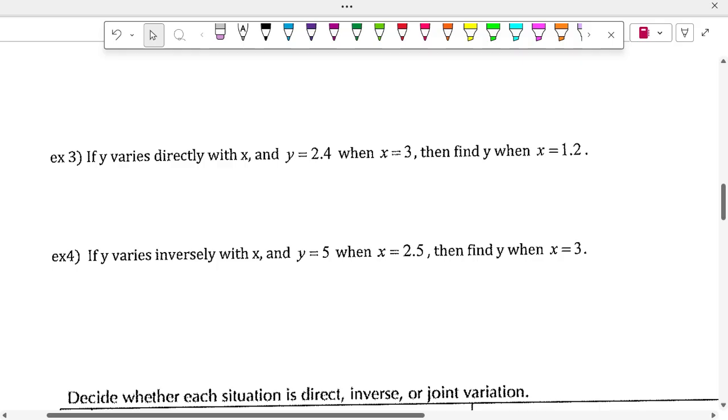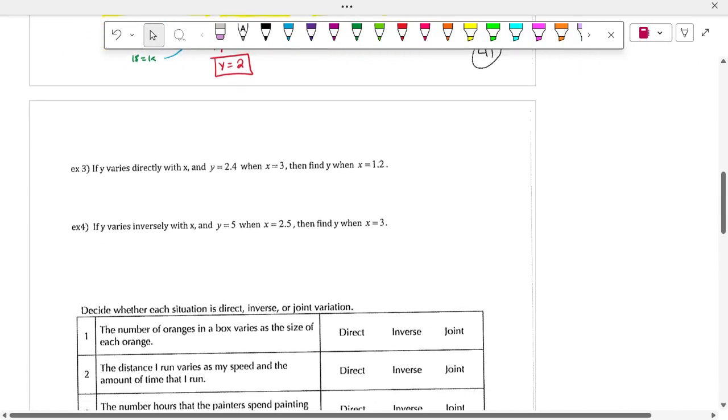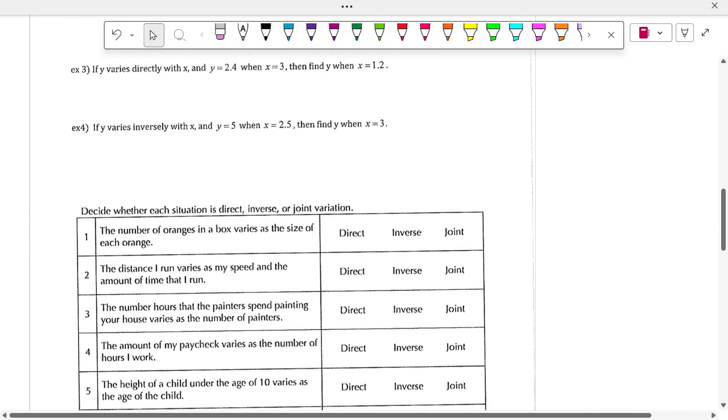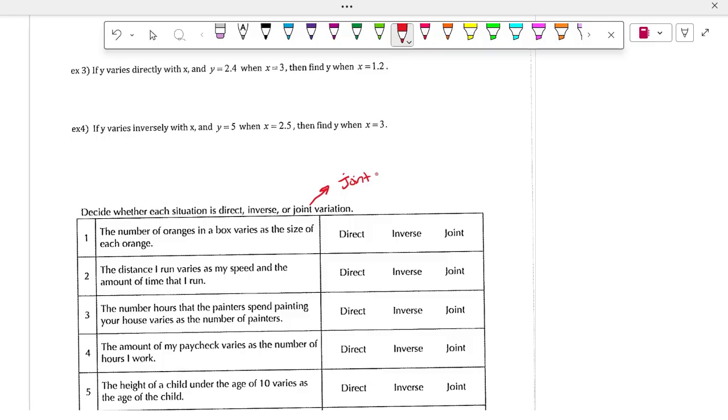All right. Now, we're going to skip example 3 and 4. But another thing I want to talk about is joint variation. Joint variation is exactly what it sounds like. It means that you have more than 2 variables. You actually have x, y, and z.